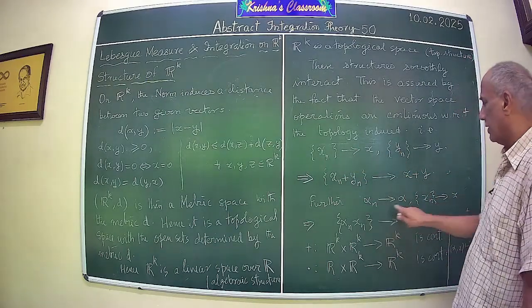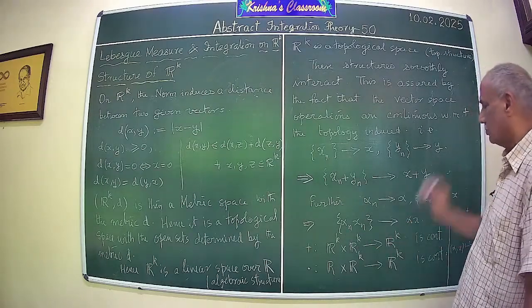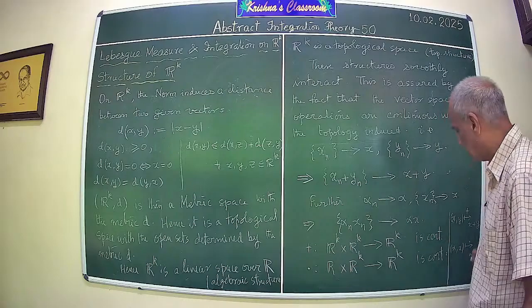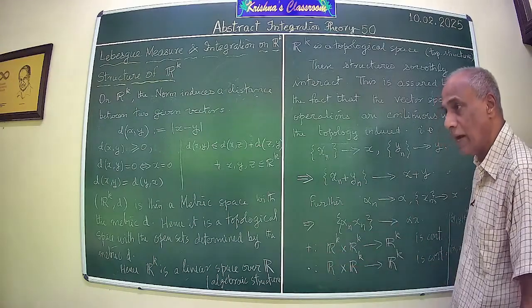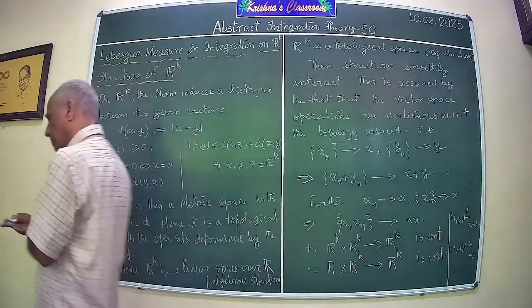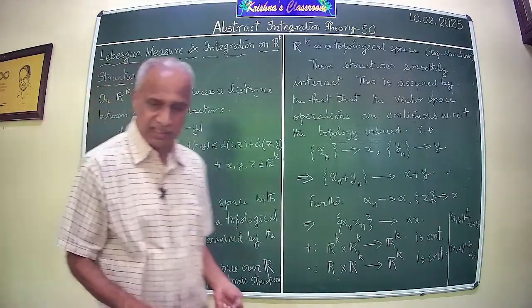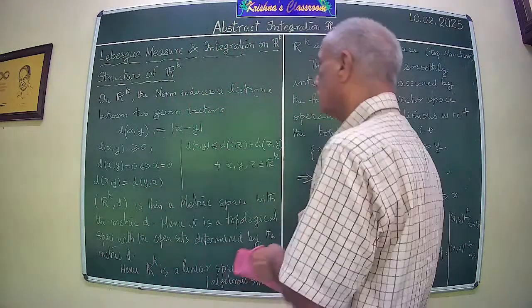Similarly, alpha n converges to alpha, xn converges to x, and so on. This is conceptually what is happening. So the two structures that lie on Rk gel together, and that's the important part.